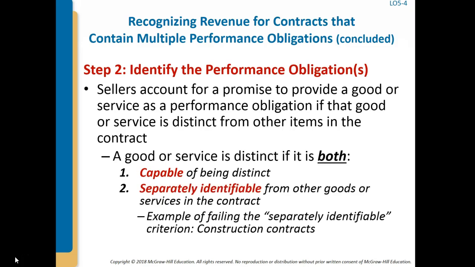Goods and services are viewed as separate performance obligations if they are distinct. Now, a good or service is distinct if it is both, one, capable of being distinct, which means the customer could use the good or service on its own or in combination with other goods or services it could obtain elsewhere, and two, separately identifiable from other goods or services in the contract.